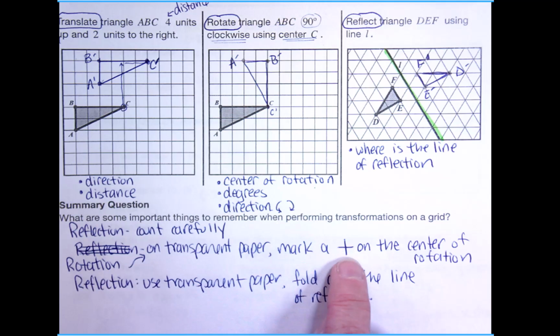That'll help you to see when you've gone 90 degrees or 180 degrees. And finally, as you're making reflections using transparent paper, just mark the figure and fold along that line of reflection. You can line a ruler up there on transparent paper, fold along that line, and then it's just easier to flip it over that line once you have the fold nice and neat.